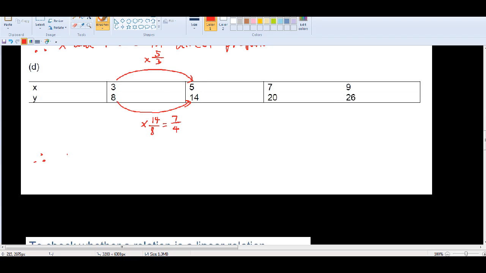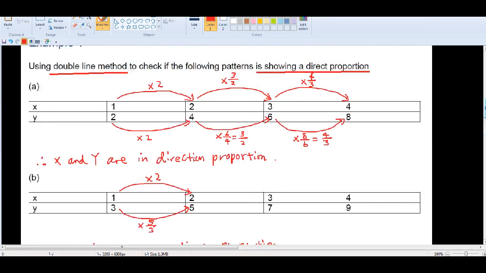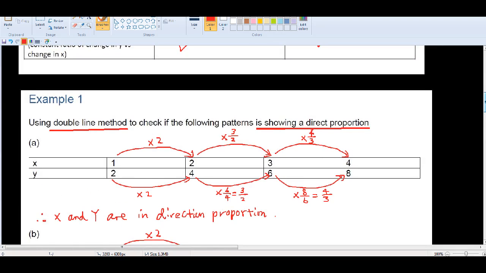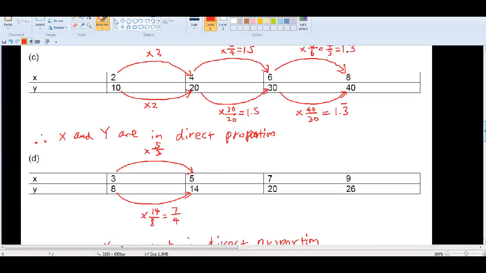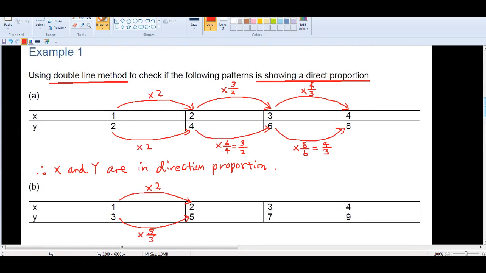Therefore, we say x and y are not in direct proportion. Okay, so basically in example 2, we see two questions which are in direct proportion, and the other two are not.